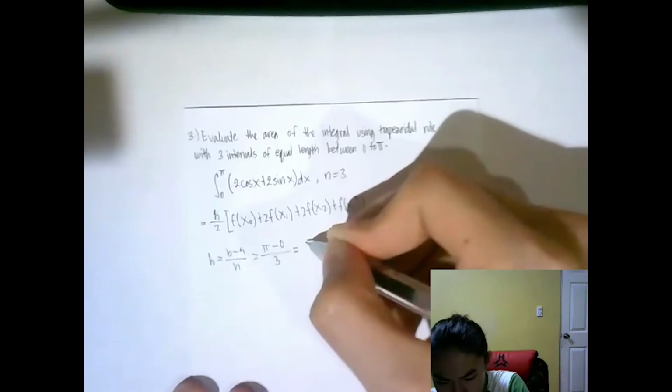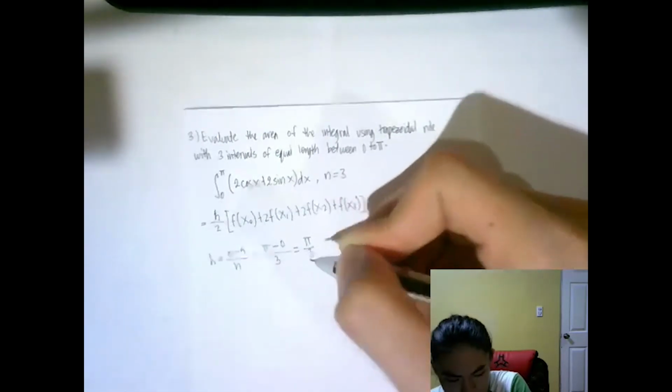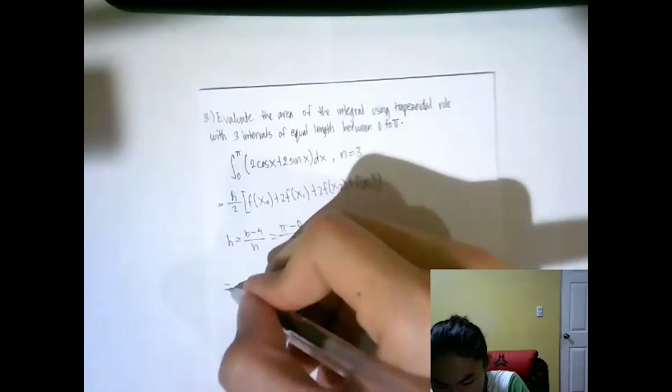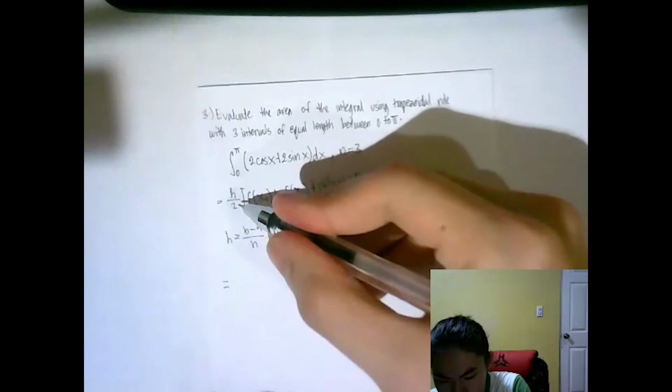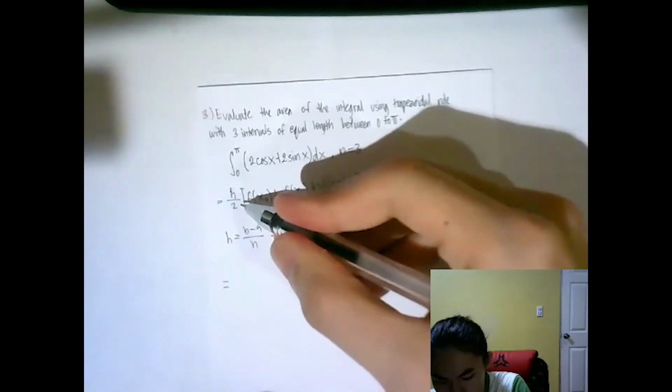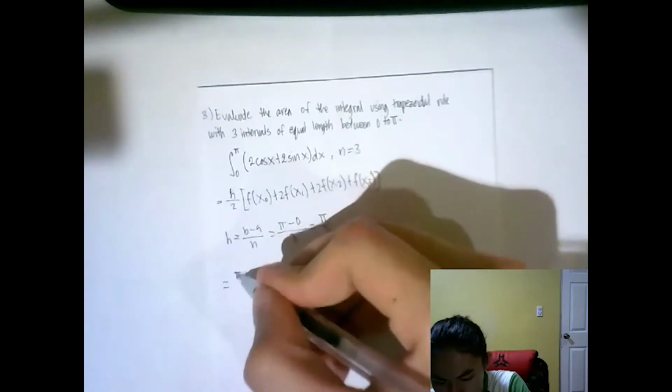Next is getting the value of our x sub 0, which is already 0 since this is the first term. The first term is always the value of our lower limit or a plus 2 times f.